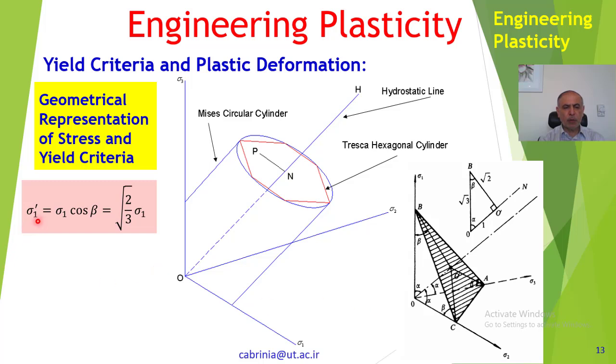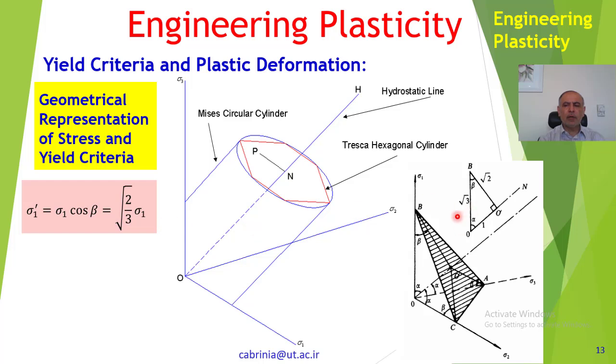So sigma 1 prime is the deviatoric component of the stress, which is this one, or NP, and is equal to sigma 1 cos beta. That is sigma 1, and that is the deviatoric component, sigma 1 prime. So sigma 1 cos beta is this component, which is sigma 1 prime.